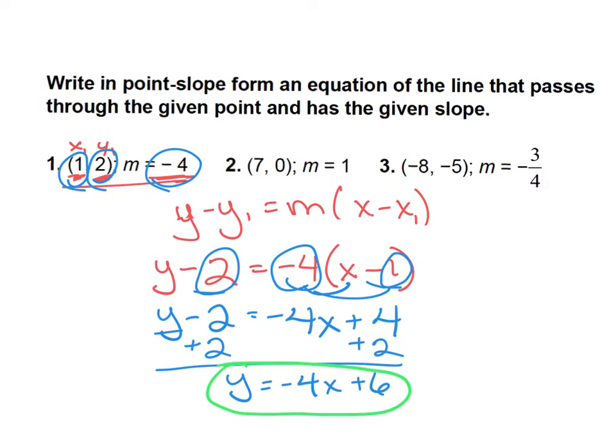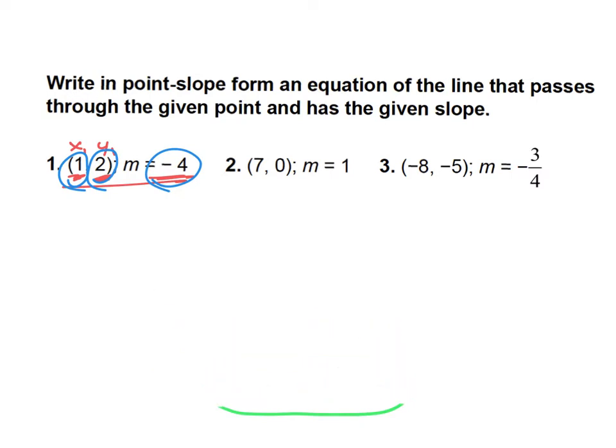Okay, let's erase all of this and do this again. Starting out, y minus y1 equals m times x minus x1.